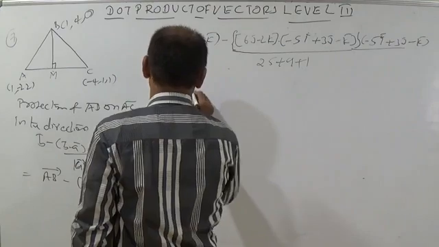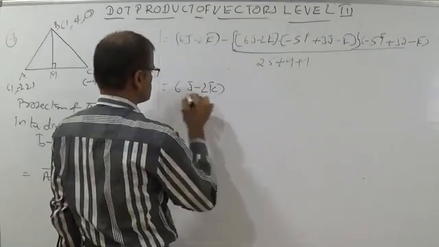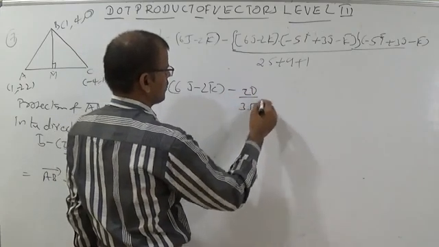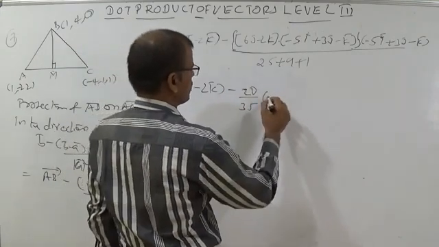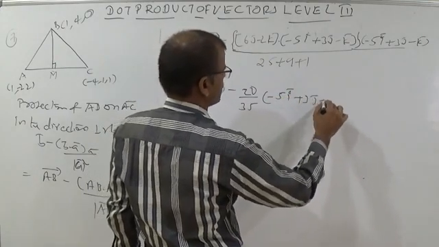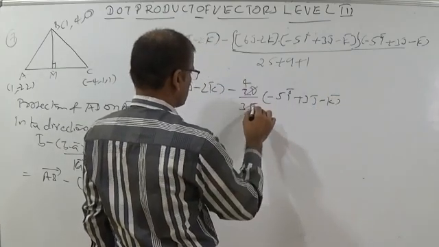You can write here 6j minus 2k minus 20 by 35, that is 25 plus 9 plus 1, times (-5i plus 3j minus k), which is 5 times 7.